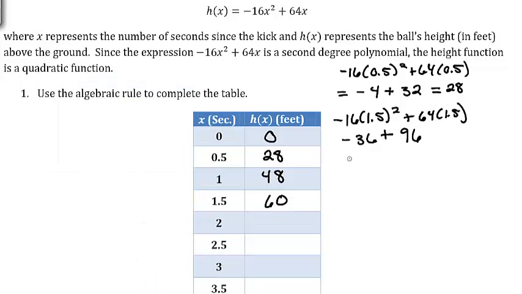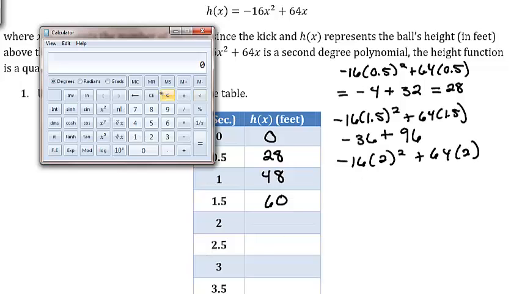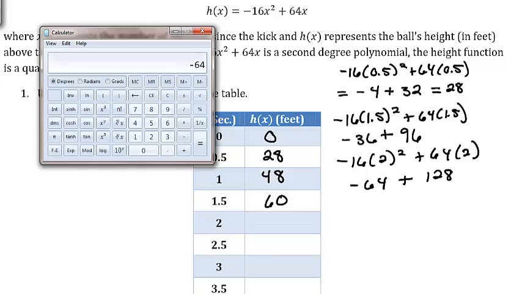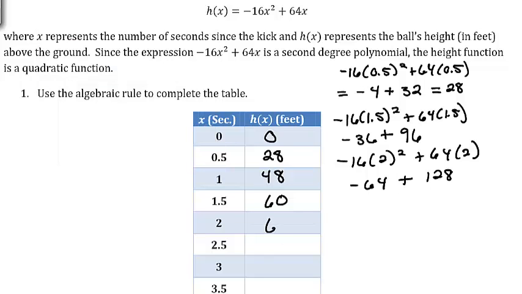And now plug in 2, negative 16 times 2 squared plus 64 times 2. 2 squared is 4, and so we have negative 16 times 4, which gives us negative 64. And 64 times 2 is 128. And negative 64 plus 128 gives us 64.